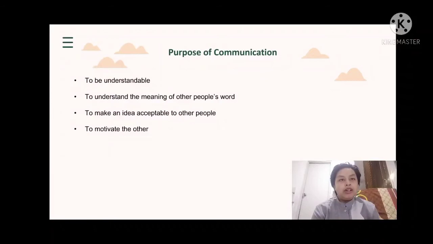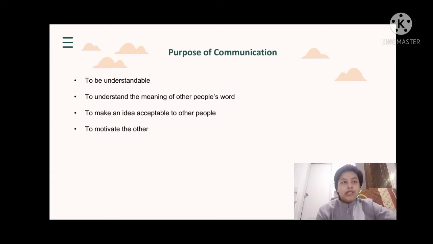Assalamualaikum warahmatullahi wabarakatuh. My name is Danang Widyardika and today I'll talk to you about purpose of communication, function of communication, and the benefit of studying communication. First is the purpose of communication. The purpose of communication first is to be understandable.